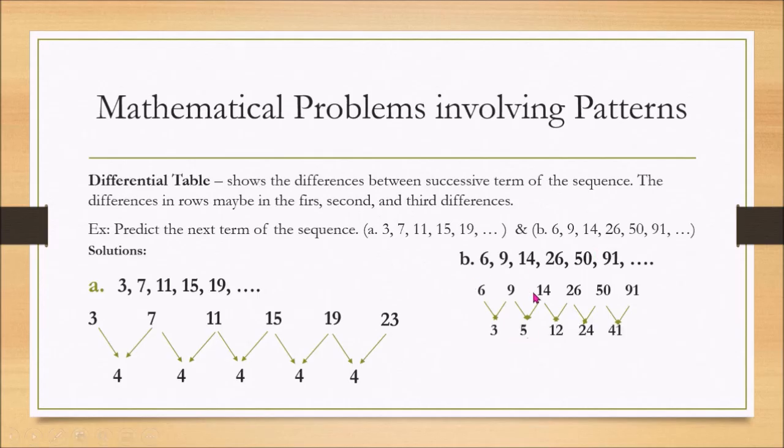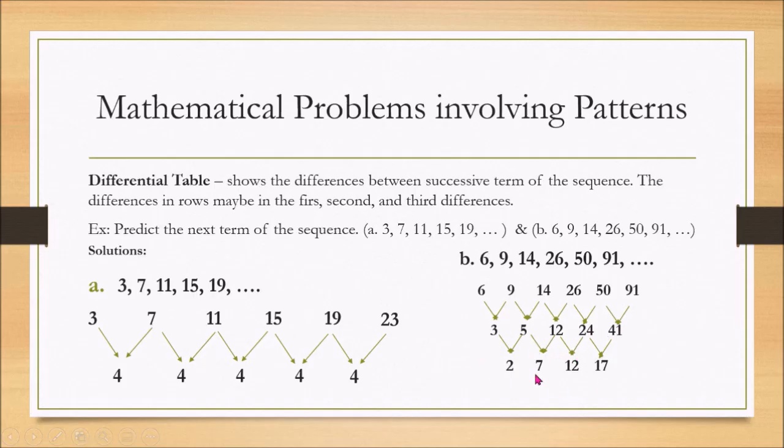So the difference of 9 and 6 is 3, 14 and 9 is 5, 26 and 14 is 12, and so on, that is 24 and 41. Our second differences are 2, 7, 12, and 17 if you subtract.